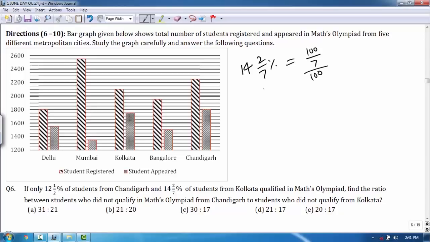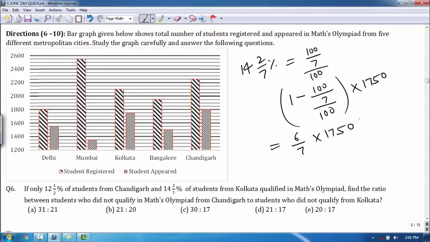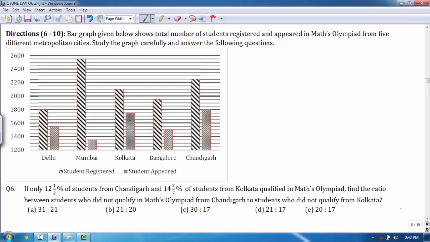So students who did not qualify from Kolkata is 1 minus 100 upon 7 upon 100 into 1750, that is the total number of students who appeared from Kolkata, is equal to 6 by 7 into 1750, that is equal to 1500. So the required ratio is 1575 upon 1500, that is equal to 21 upon 20.